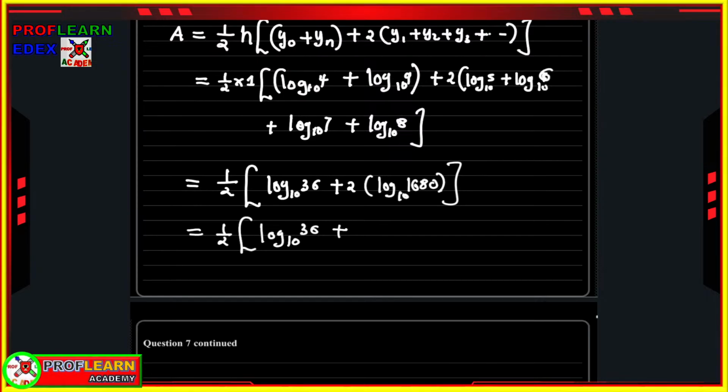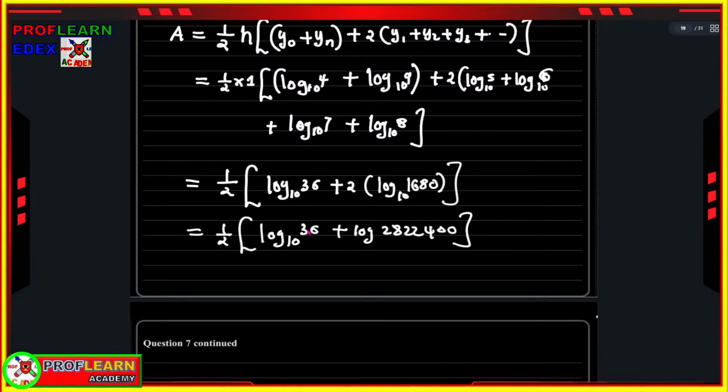Yeah, so what we're going to have here is that if you raise this number to power 2, that is 1680 raised to power 2, that's going to be a very huge number, yes.